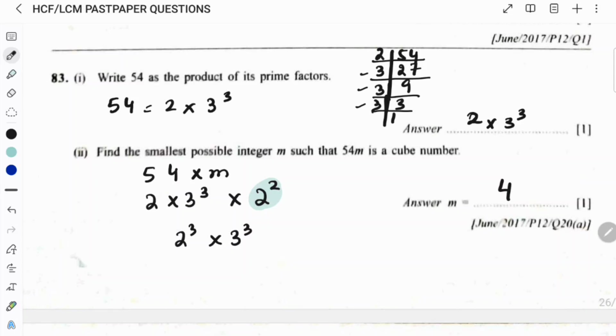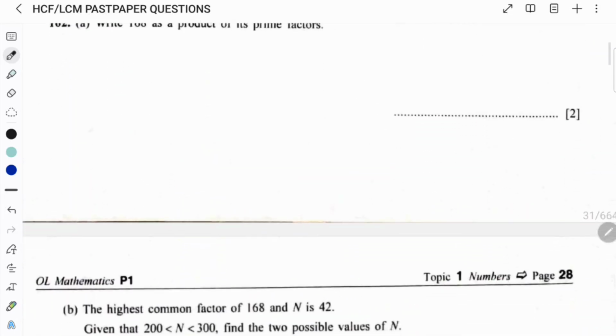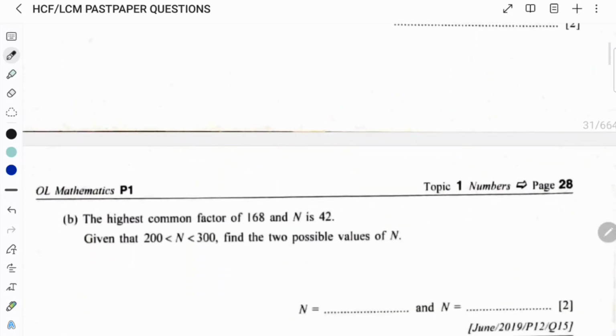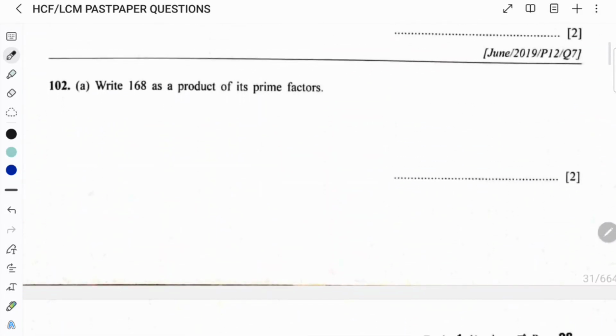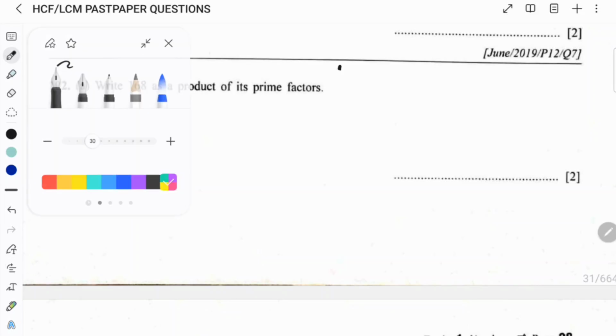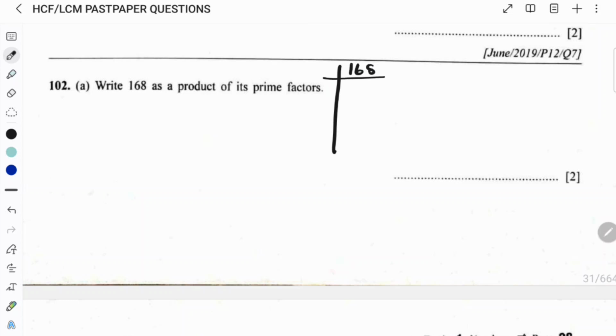I hope you understood. All right, the next question, it is 2019 May-June paper 12, question number 15. Write down 168 as a product of the prime factors. 168 divide by 2, that is 84.